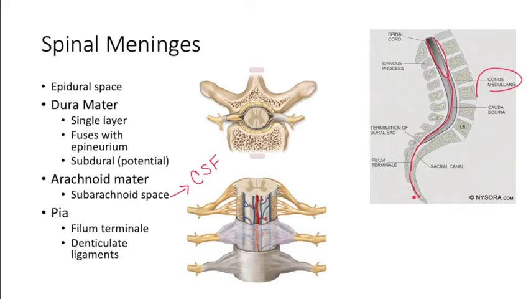And it actually anchors the spinal cord and keeps it from, well, bad things happen. It's called an untethered spinal cord, and I guess it can curl back up, and that's not good. So the filum terminale is one of the few places where you can see pia mater by itself.